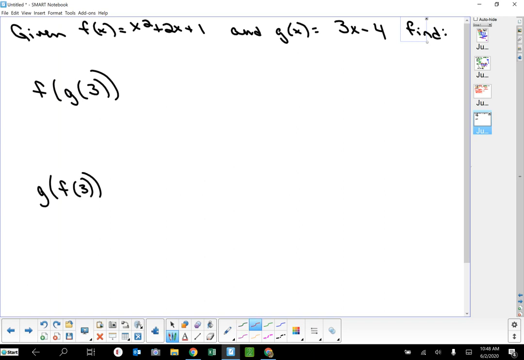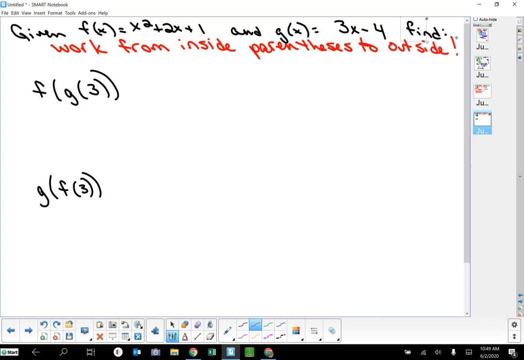So the big deal here is to work from the inside to the outside. Okay, and what that means is we're going to focus on g of 3 first.